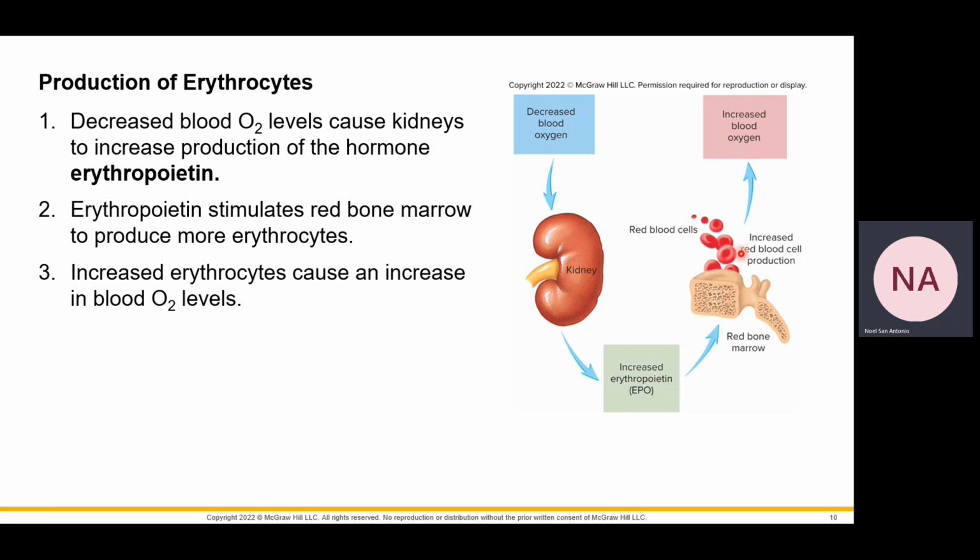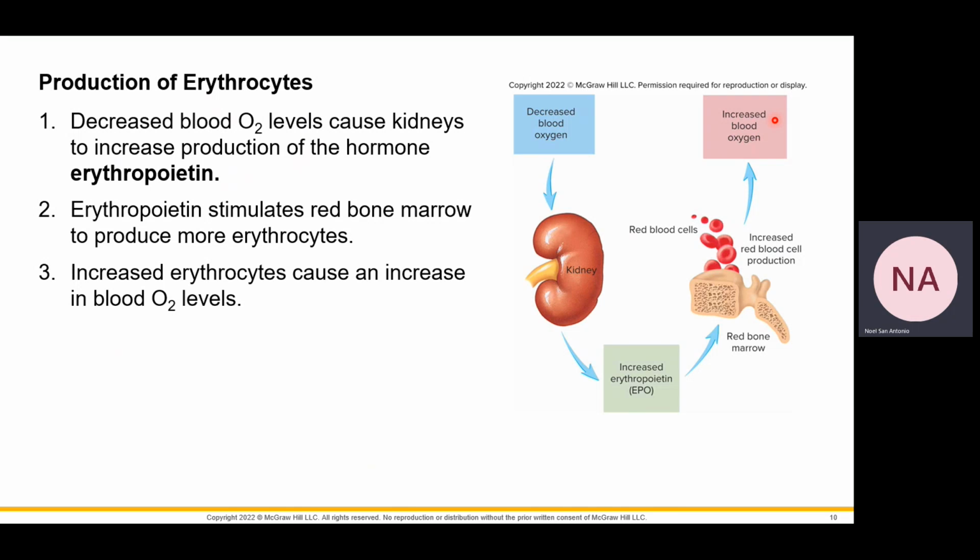So as a result, it will lead to a higher blood oxygen level because it is our red blood cells that contain the hemoglobin that primarily transports oxygen. So the result is that the oxygen level will rise. So remember that hormone, erythropoietin.